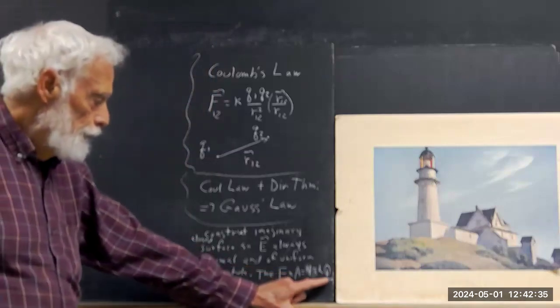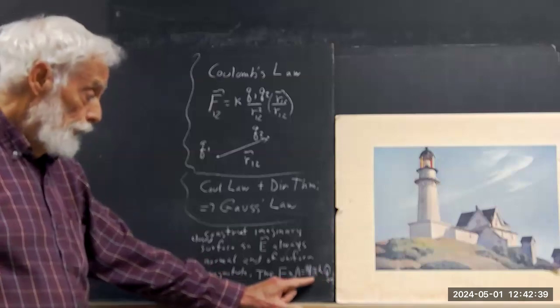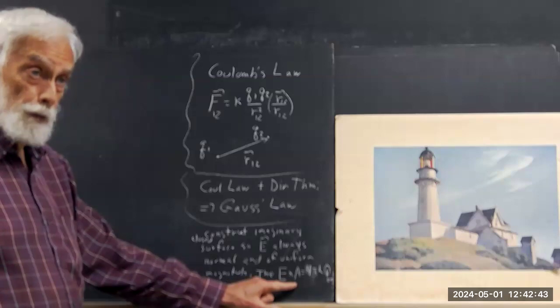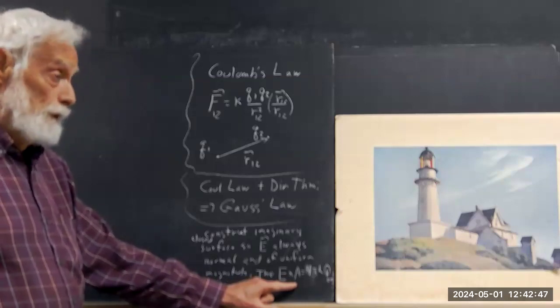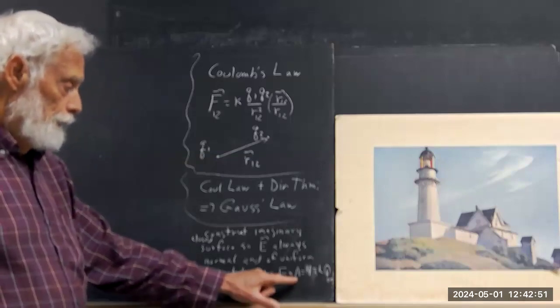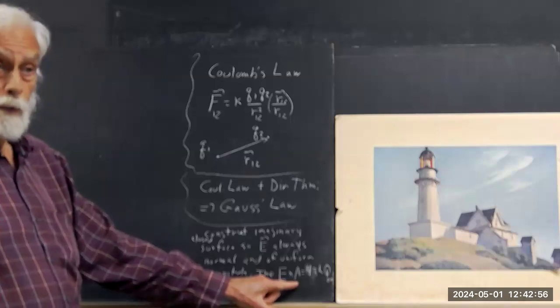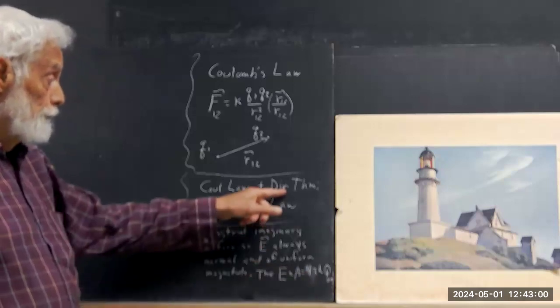This is Q enclosed, charge enclosed. Get your 4 pi K. You got your E times the area of the surface. Okay. In the notation I'll use in multivariable calculus, you call that E times S, but that's the total area of the surface. And this is just an expression of divergence.